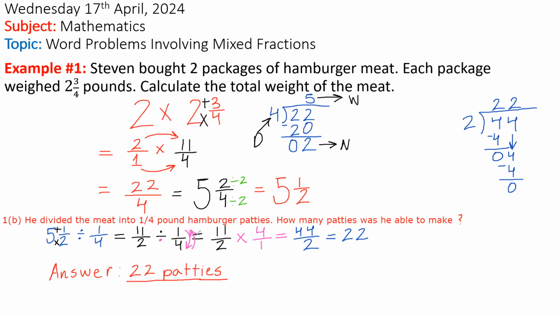So what we did is we flip 1 over 4, making it a whole number, and we keep 11 over 2, and we change the sign. So we multiply 11 times 4 equals 44, and 2 times 1 equals 2, and we divided that because it was still an improper fraction, and our answer was 22 patties. Very good. So we divide 44 by 2 to get 22 patties.